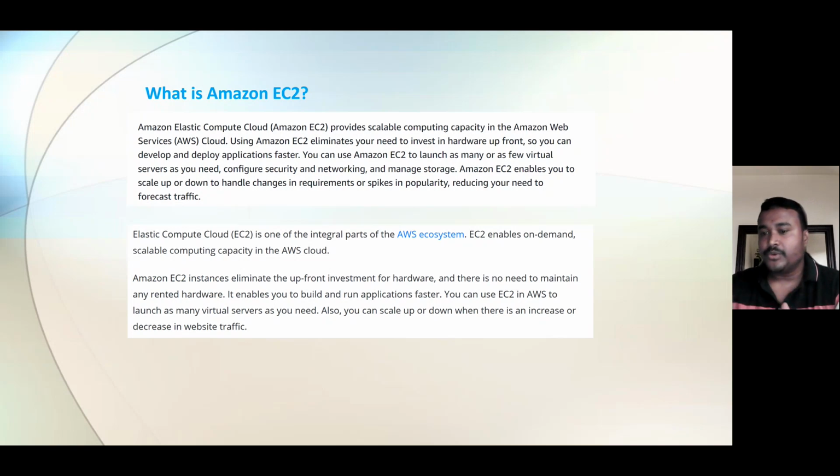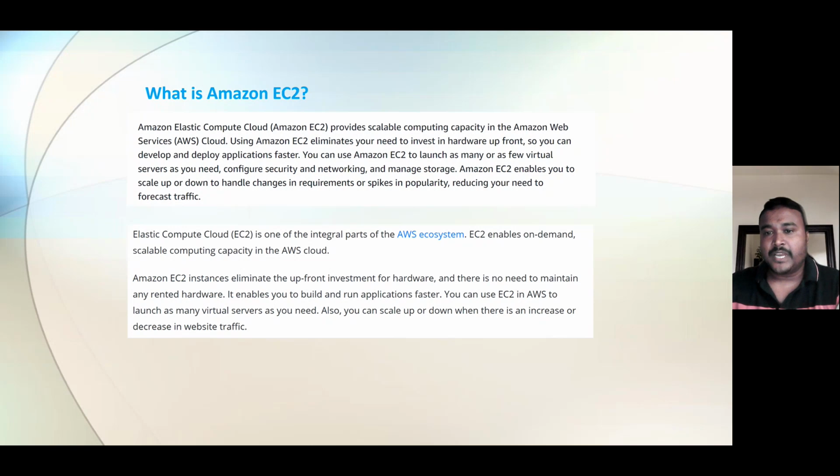So whatever development work you are doing can be delivered very fast. It's also very easy to configure, such as the network security group, so you can easily configure everything.